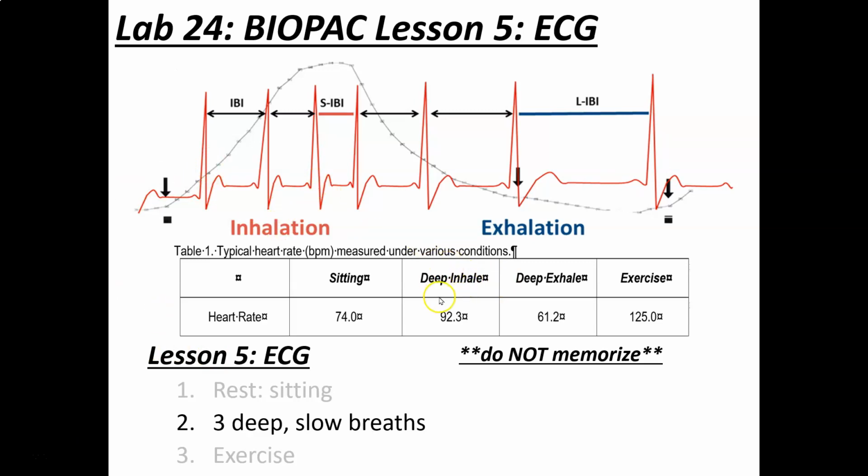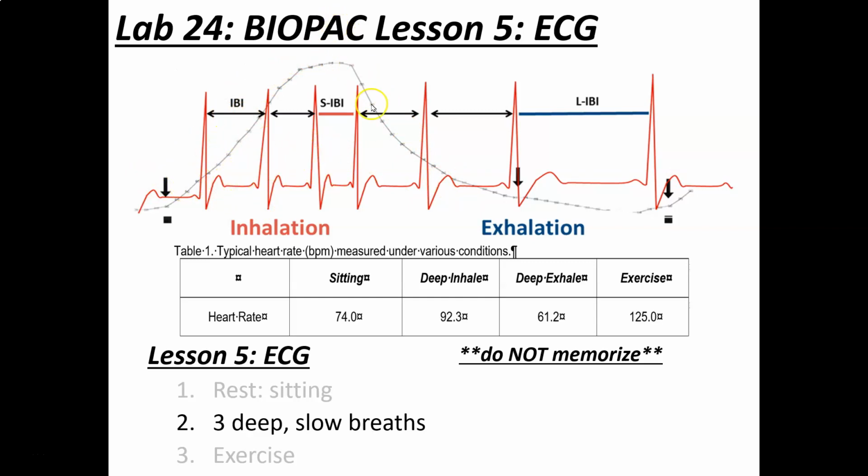Here's one of the other things that you should understand about this. We would have done the deep inhalation, deep exhalation while we're just sitting. So somebody would just take a deep breath in and then deep breath out. One of the things I want you to look at, and I like this figure a lot, is when the person takes a deep breath in, this is the inhalation, so you can see the respiratory in that lightly dotted line behind, and notice the ECG bunches together.